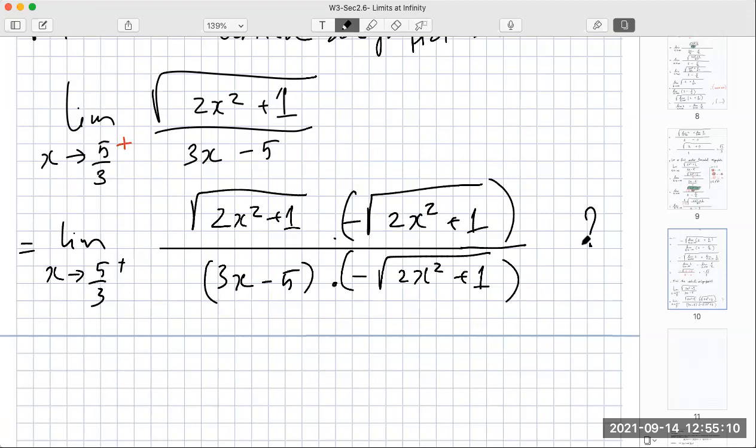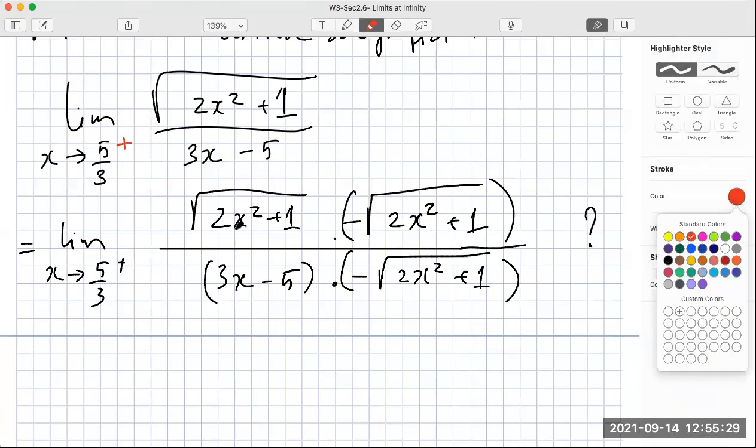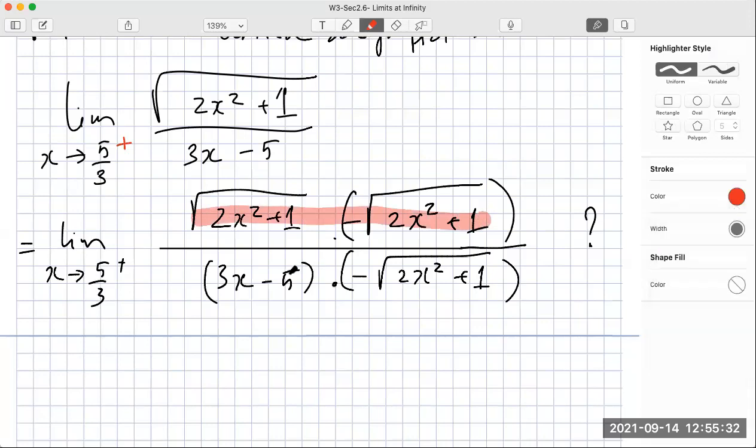What do you think? Would it be the square root of 2x squared minus 1? So first, let us discuss this guy. When you multiply it, the numerator becomes, we will get rid of the radical sign for sure.